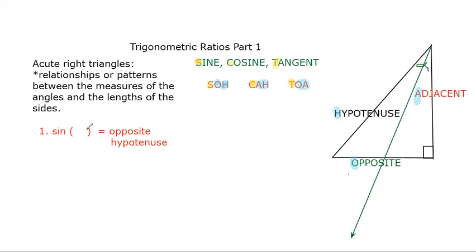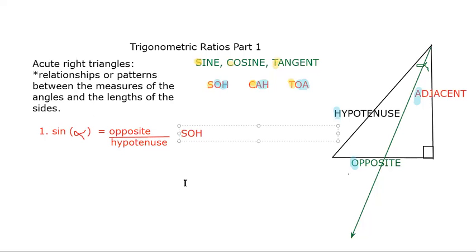The sine of alpha, whatever the measure of alpha is, is the opposite over the hypotenuse. That is our first piece of our riddle.